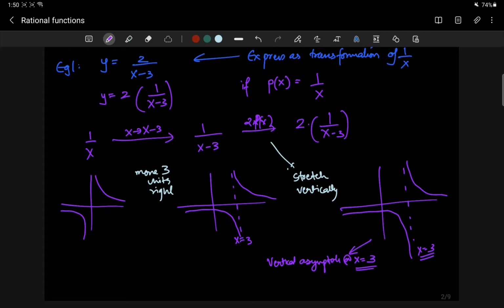However, you don't have to do the analysis of what happens near 3, because you already know how 1 over x behaves, and that tells you how 2 over x minus 3 is going to behave.